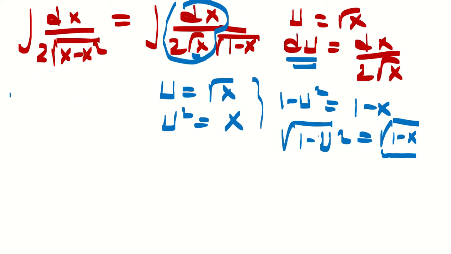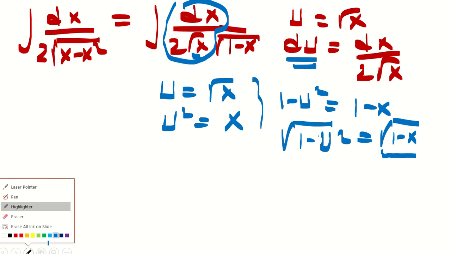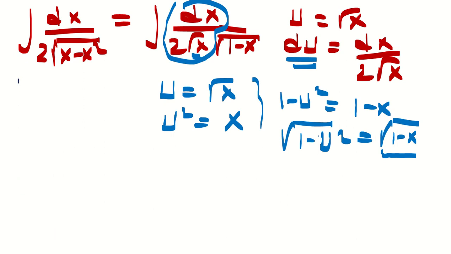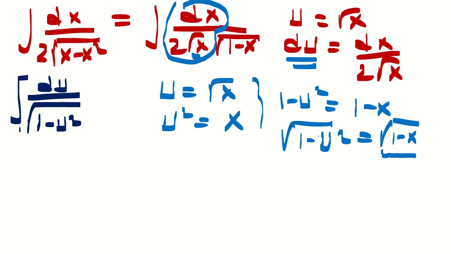So this integral will be, let's change the color, the integral, remember, the whole thing is du, and the remaining part is the square root of 1 minus u square. Now the integral of this result is sine inverse.